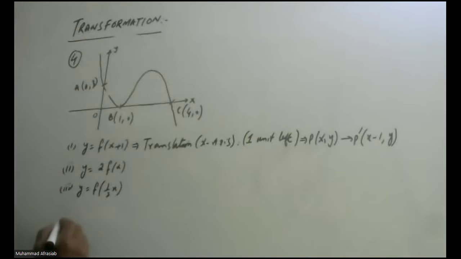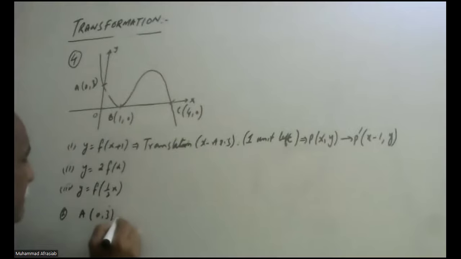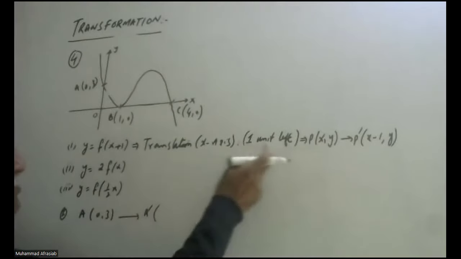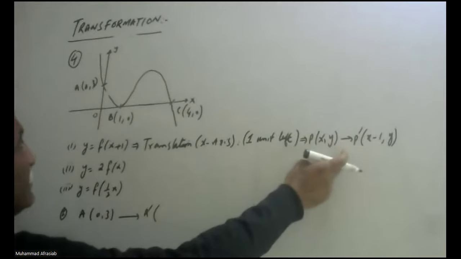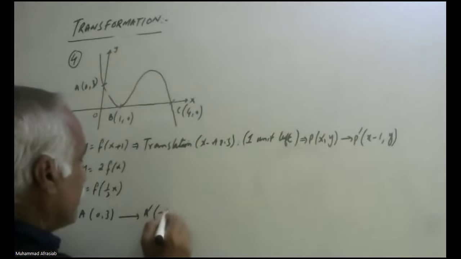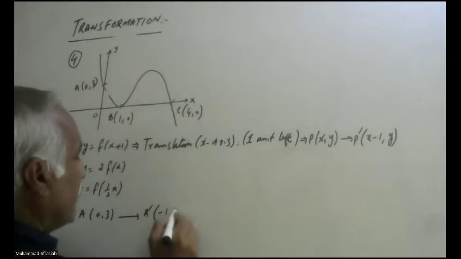So with this part 1, the point A, which is (0, 3), is going to be transferred with this rule x minus 1. So 0 minus 1 is minus 1, and the y value stays as it is.